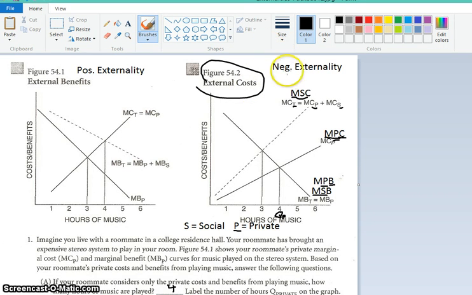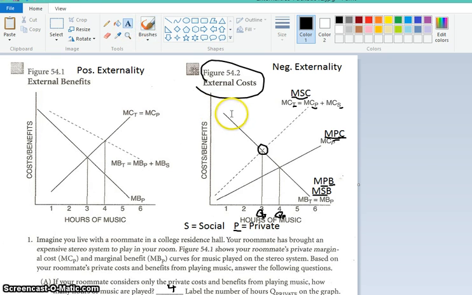Well, look at your graph here. So this is the benefit, right? Where did the benefit and the social cost, the total cost, match up? Right here, right? So this should be your quantity social. So the answer there is what should they do? What should they do if they consider everybody's cost and everybody's benefit? What should your roommate do?